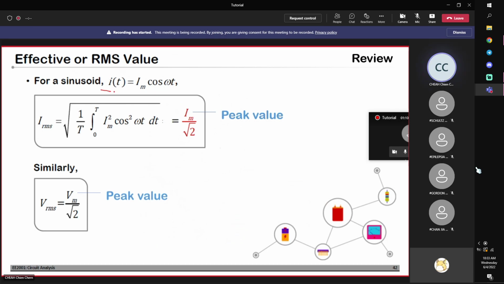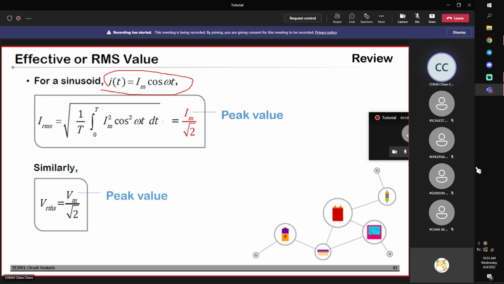So to summarize, for AC currents, the effective value is the RMS value, which is the peak value divided by root 2. Similarly, for any signal, given the peak value, you divide by root 2 and that will give you the RMS value.